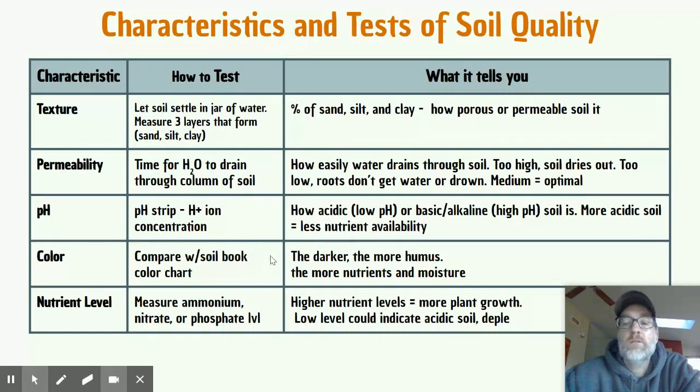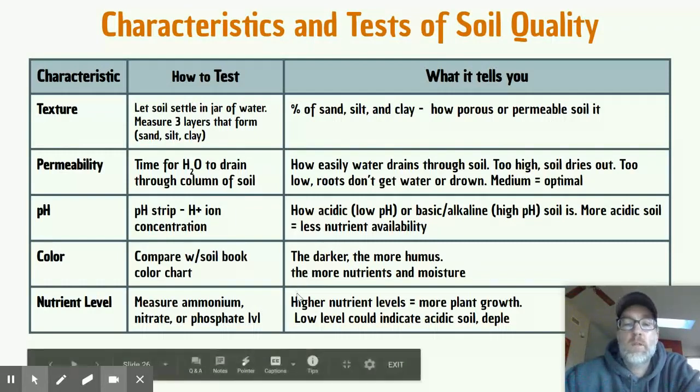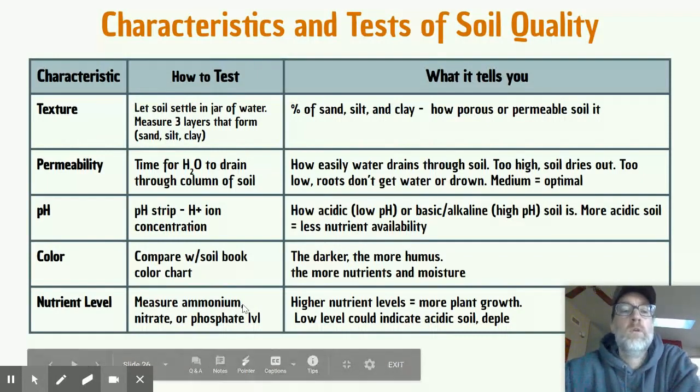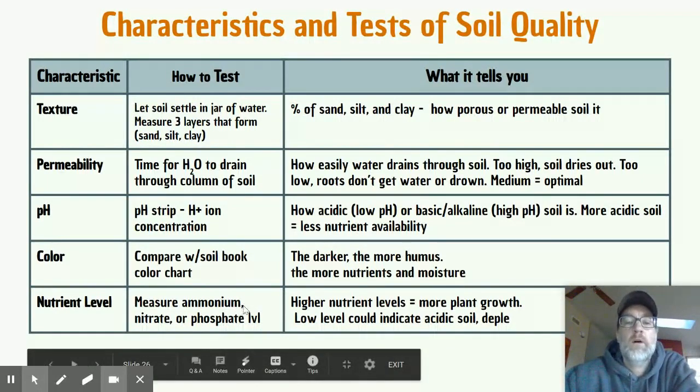You can look for reds and blues and different colors and determine the type of soil. And usually the darker it is, the more nutrients and the more moisture. And obviously nutrient levels, you look at things like ammonium, nitrate, and phosphate levels. And typically you want those in high concentrations. You can obviously go too far with it. Those are the things you need to make sure you measure as a farmer.